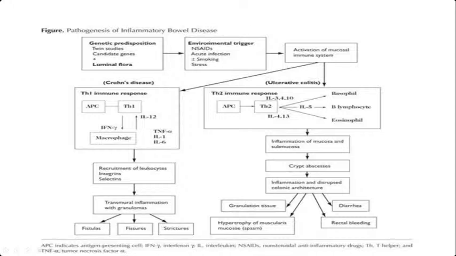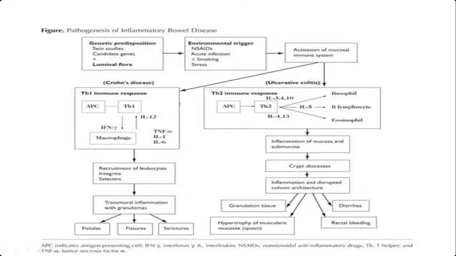Then there are various environmental triggers, such as non-steroidal anti-inflammatory drugs, acute infection, smoking, stress, and other psychosocial factors, which activate the mucosal immune system. And then depending on what your genetic predisposition is, either you develop Crohn's disease or ulcerative colitis.